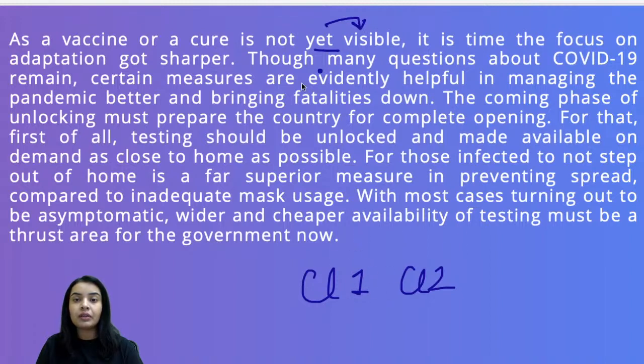Moving on. Helpful measures are how, answer to how is adjective. Measures are helpful. So all these words ending with ful, not full, ful, they are under the category of adjective.